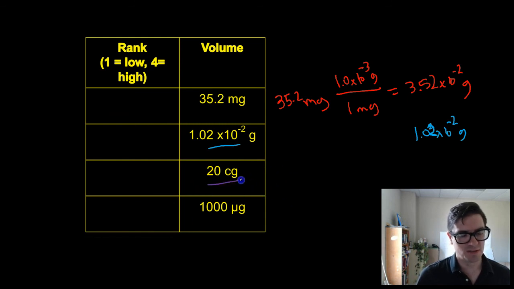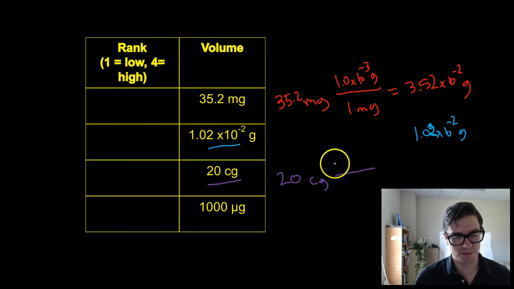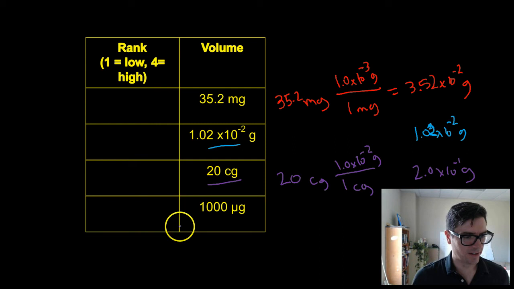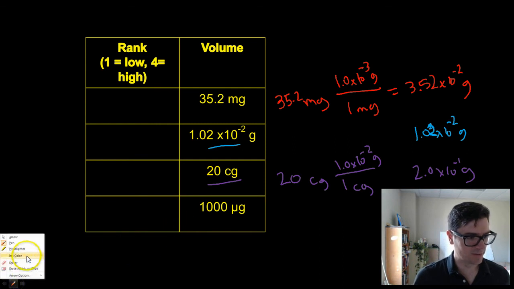Centi, if you remember, is 10 to the minus 2. So 1.0 times 10 to the minus 2 grams per 1 centigram, and this ends up being 2.0 times 10 to the minus 1 gram. And finally, you have micrograms.